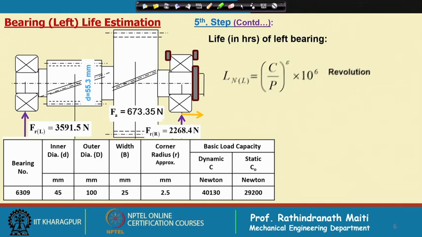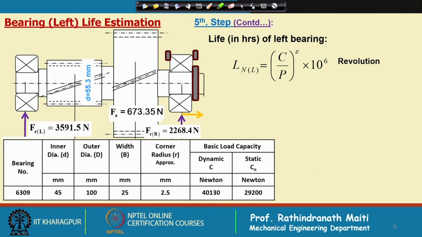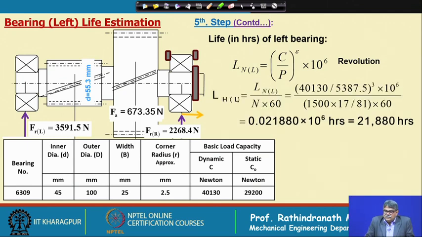Now, life in hours is given by (C/P)^ε into 10^6 revolutions, and C here is the dynamic load capacity, which is 40,130. So, substituting these values, we have directly calculated life in hours.